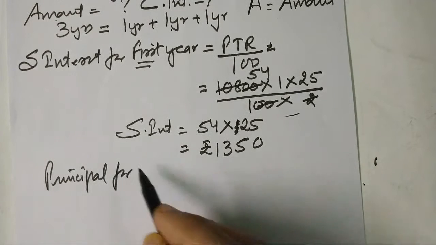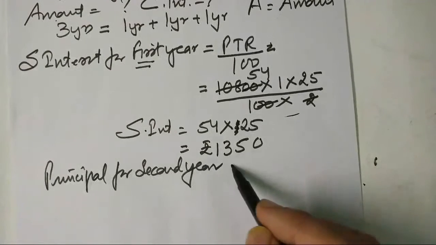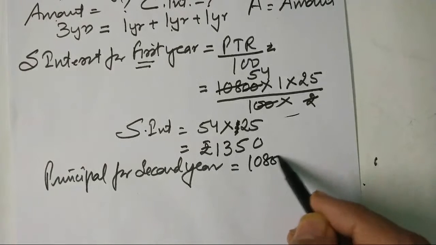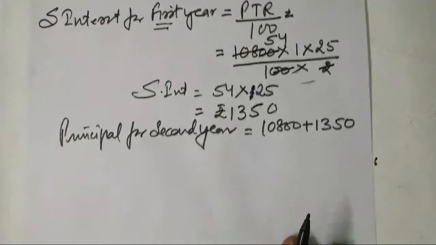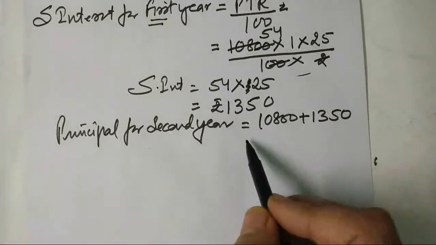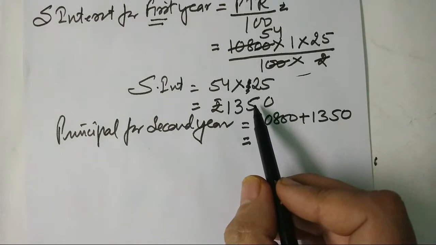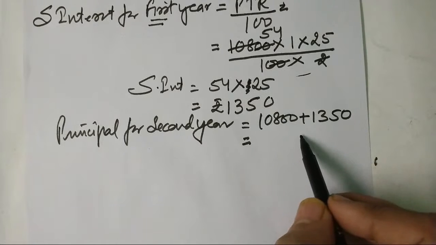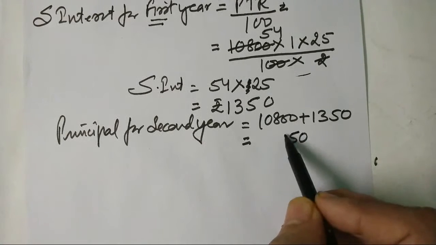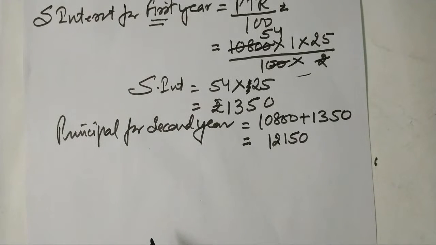The principal for the second year will become 10,800 plus 1350. This will become the total. Now why are we adding? Because you have earned this much interest, so this will be added to the principal. So when you add, it becomes 12,150, which is the principal.